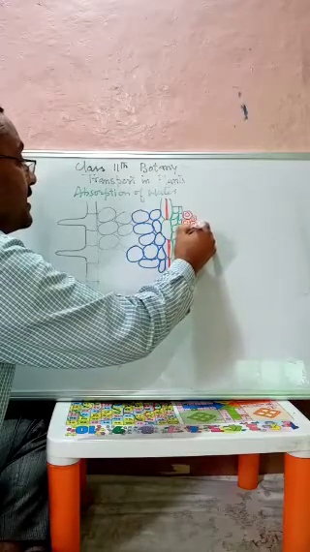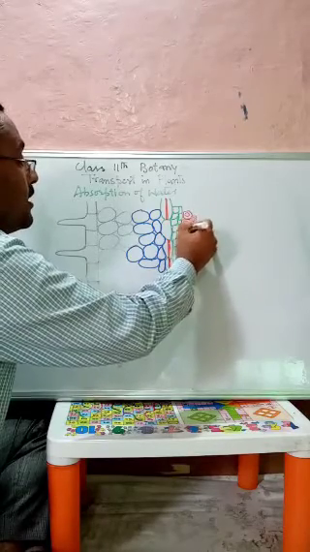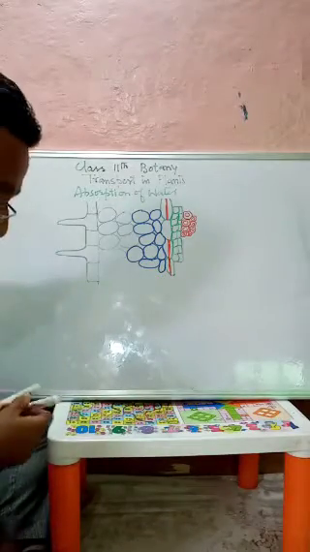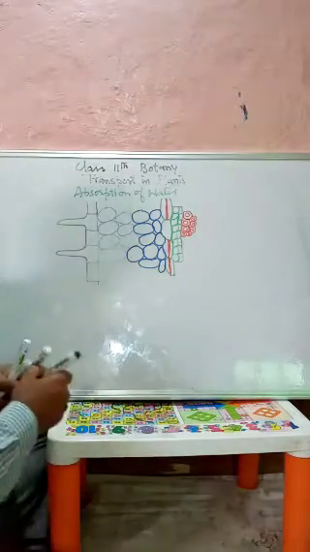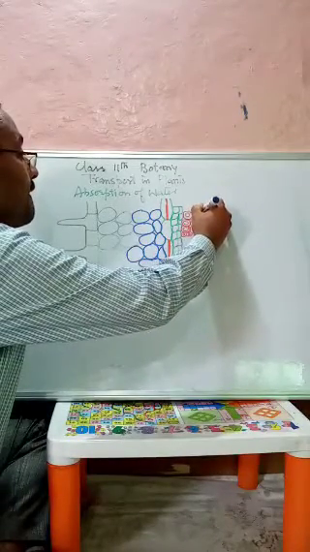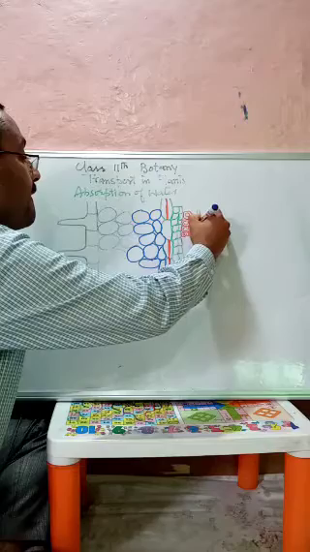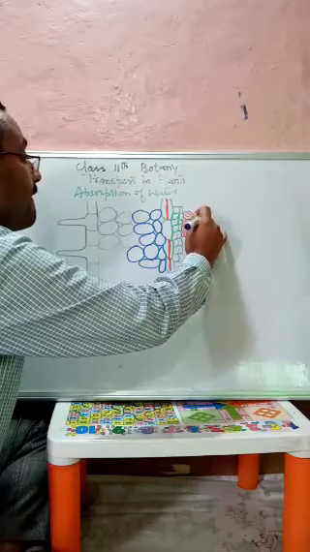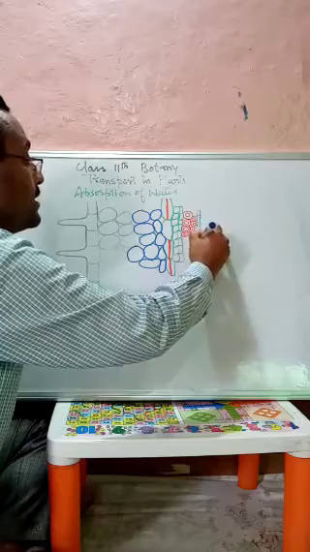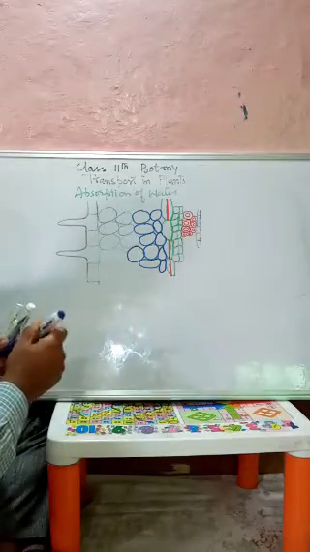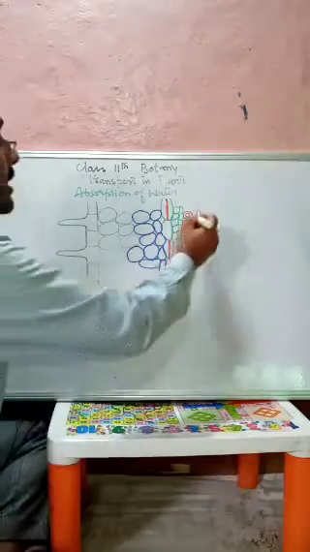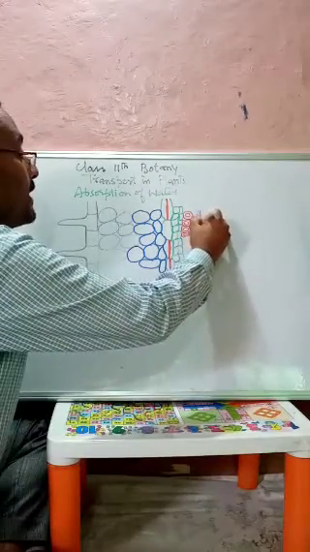If this is the dicot, then we see this cambium strip. Then inside this, we have the xylem cells.